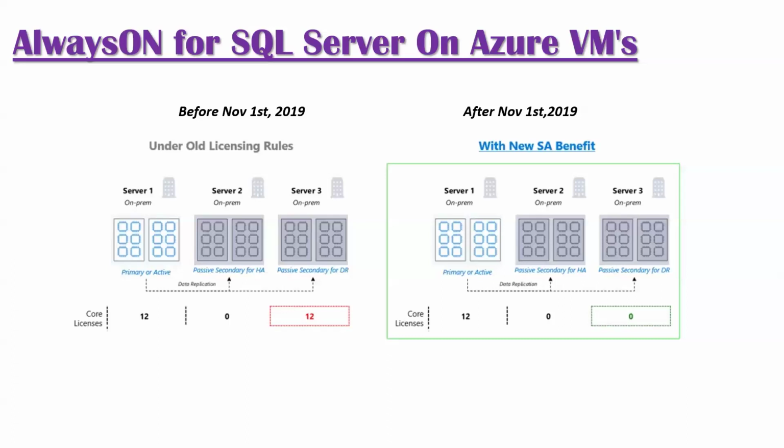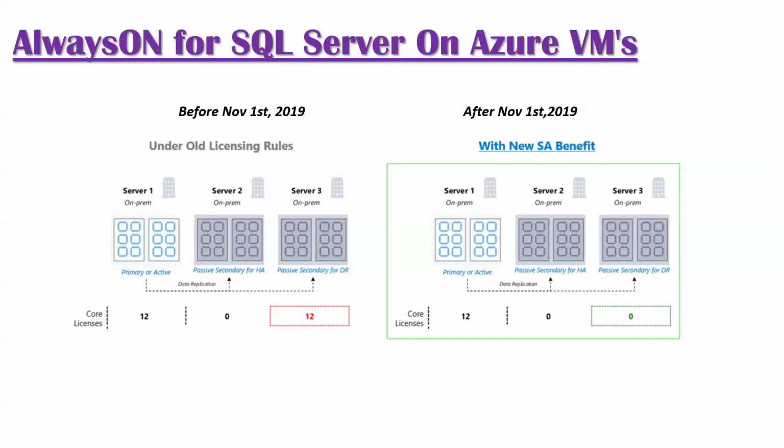Now you decide, I want to move to the cloud. That means I want to deploy my services on top of cloud services as well, either you go for a PaaS platform or an IaaS platform. Now you want to extend your business, and you want to move some of the data running in on-prem to the cloud. How the licensing will work in the cloud, that concept is nothing but Azure Hybrid Benefit.